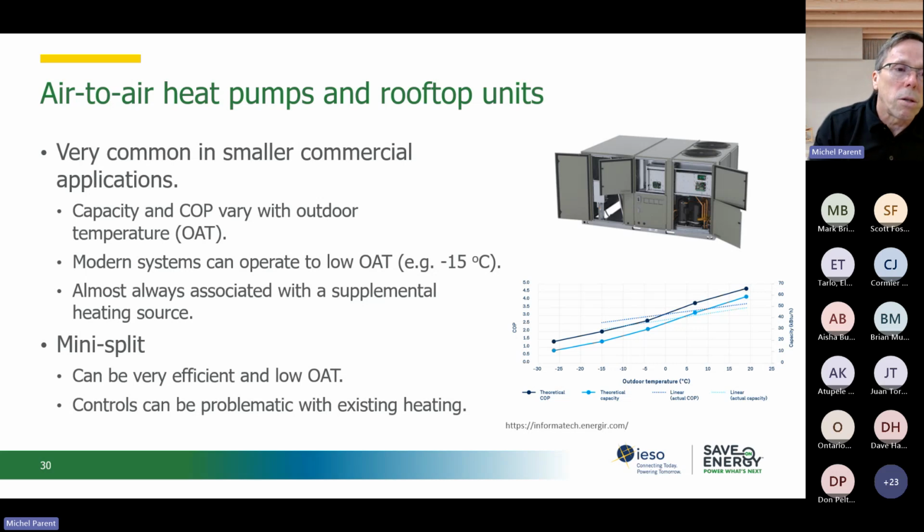So mini split units for small retrofit of specific spaces can be very efficient. Try to select one that can go down to -25, so a cold climate heat pump. Like I said, it will maintain its efficiency.